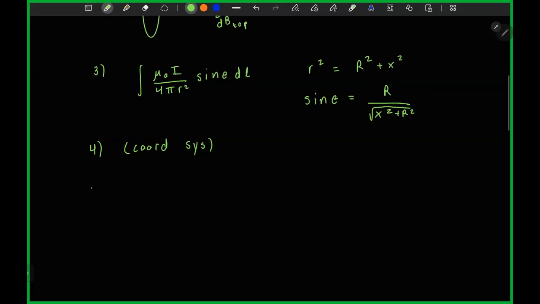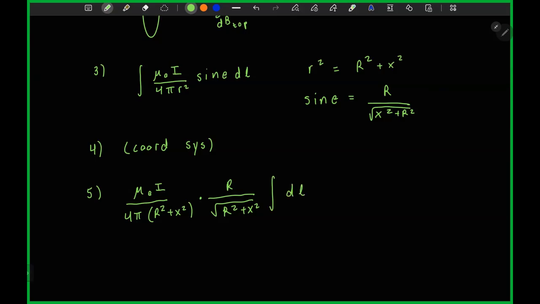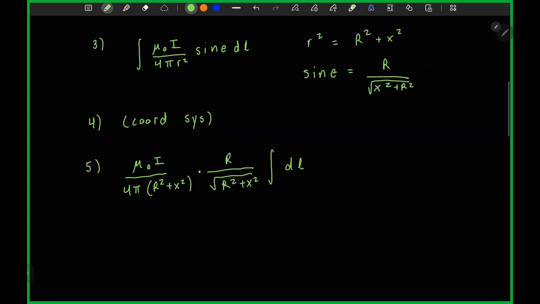And so moving on to step 5, we've got mu naught I over 4 pi times R squared plus x squared times R over square root R squared plus x squared. And then all of that times integral dl. But of course, dl is being integrated along our ring, which means integral dl just becomes 2 pi R. So times 2 pi R. And with that, we can obviously do some simplification.